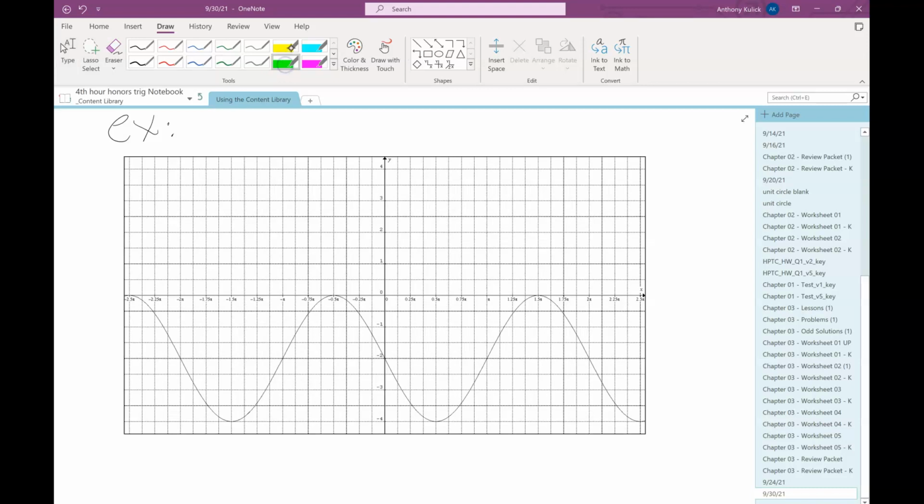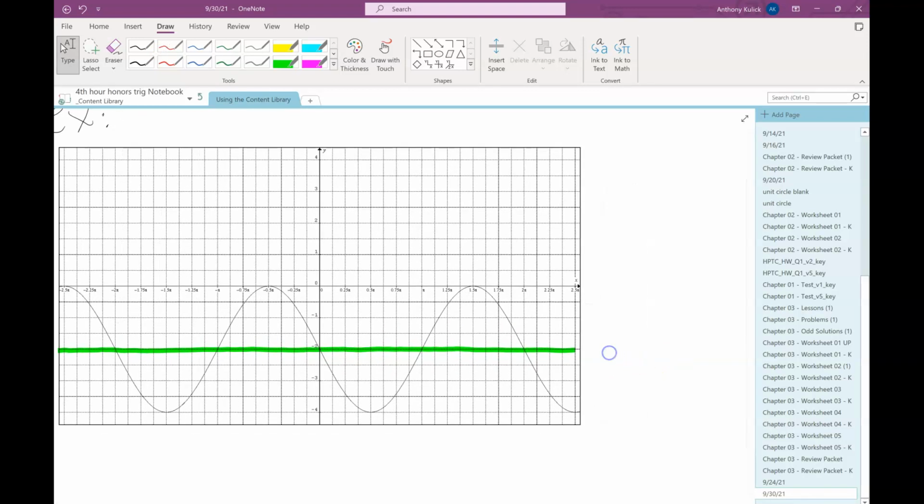So the first thing I like to find is the midline. If I look at the graph, it appears the midline is right here at -2. Okay. You're welcome. Why is that great? What's the midline also tell me?